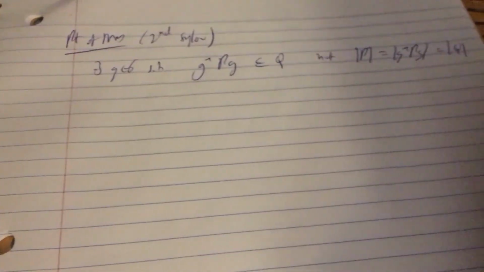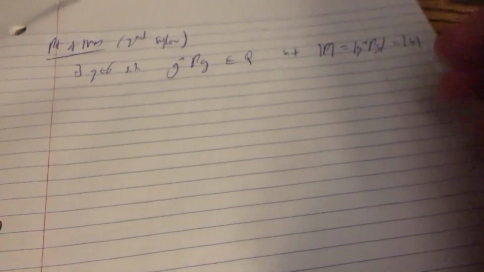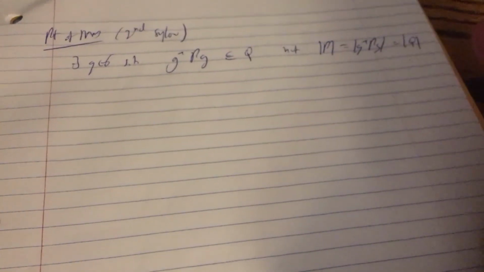Okay, and so now the proof of the actual second Sylow theorem, that any two Sylow subgroups are conjugate. Well, there exists G in G such that G inverse PG is contained in Q. But the cardinality of P, which is the cardinality of this thing, is of course the cardinality of Q. They're Sylow subgroups, so they're the same size.